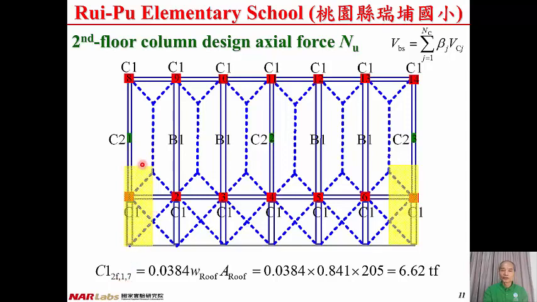And the area responsible for C1, covered by C1, equal to 0.038 of the total floor area.